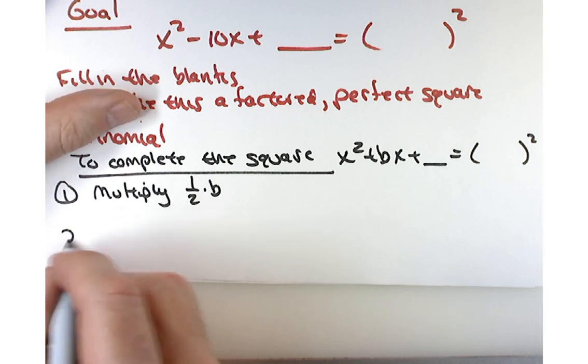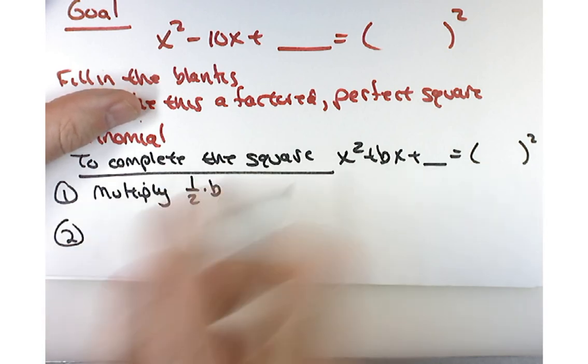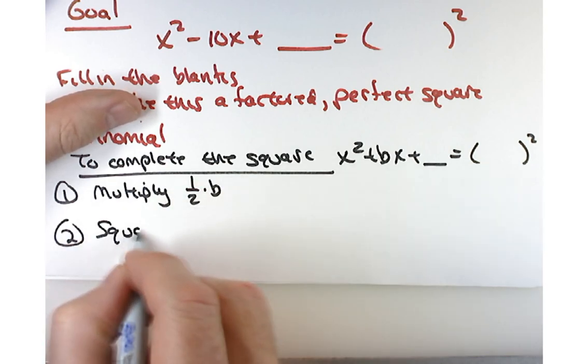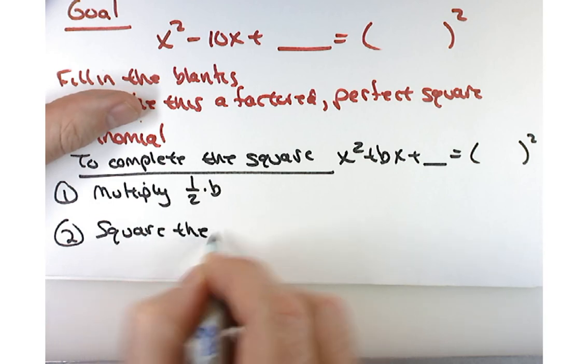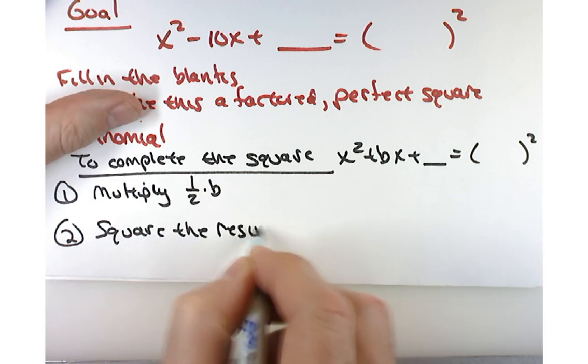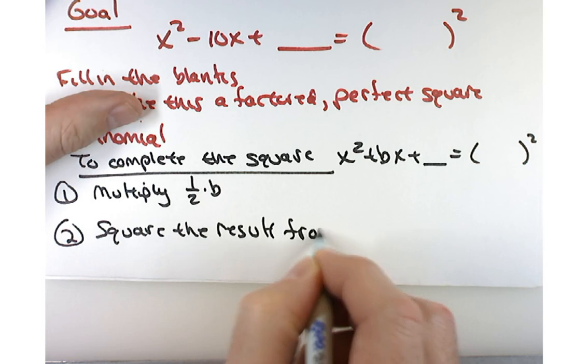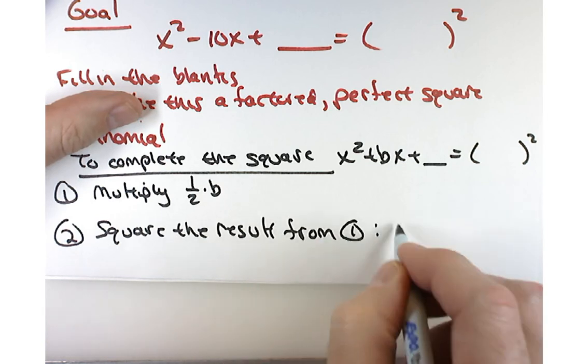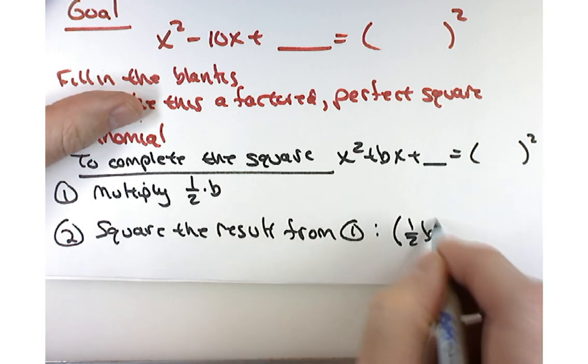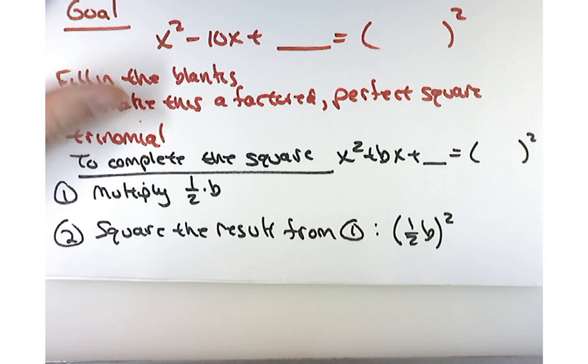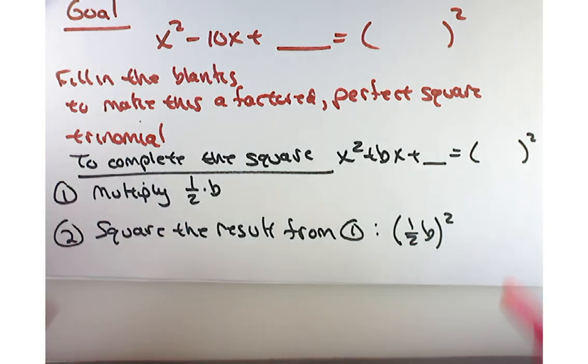The second thing is you're going to square your result from the first part. And that would be (1/2 b) squared. So exactly 2 steps to get what we need here.